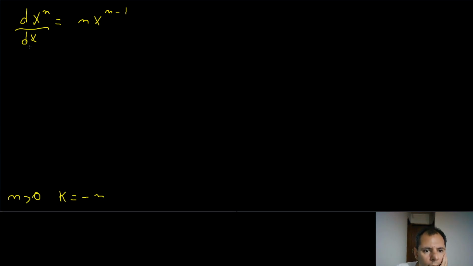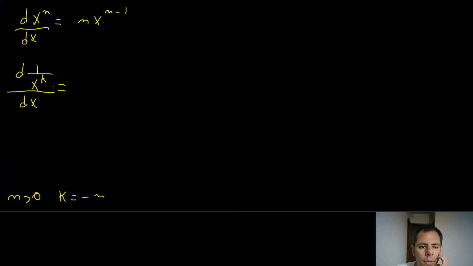So let's try that. Instead of differentiating x to the n, we're going to differentiate x to the k, but k is negative, so it's going to be the derivative of 1 divided by x to the k, with respect to x.